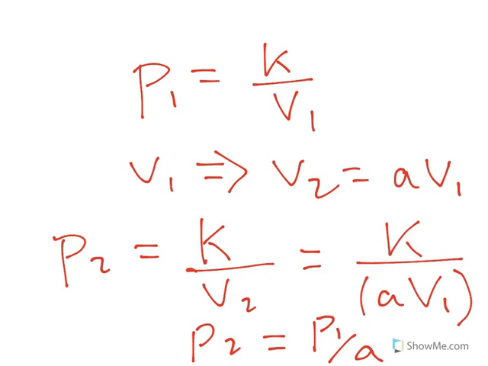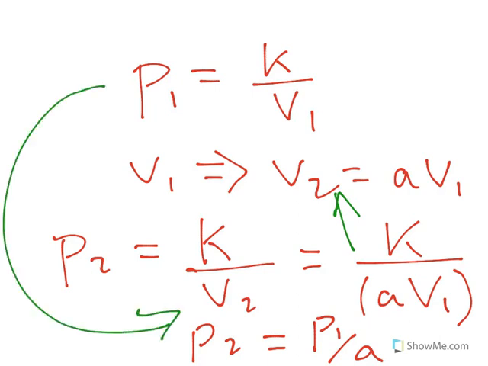So now we replace V1 with V2, that is V1 multiplied by some number A. I'm making this general so that it's clear what the process is. So now the new pressure P2 is equal to K over V2, which is equal to K over A times V1. By substituting in P1 equals K over V1, we have that P2 is equal to P1 over A.